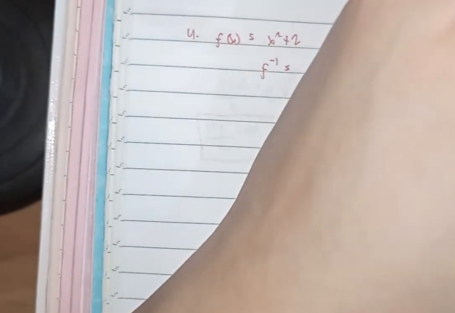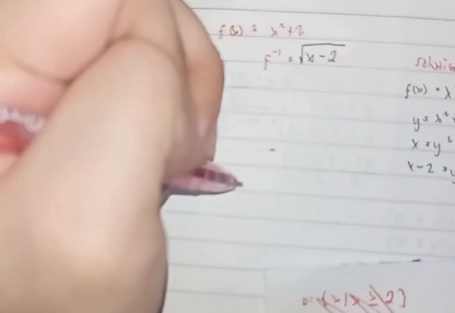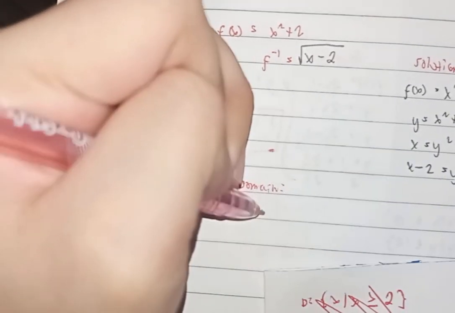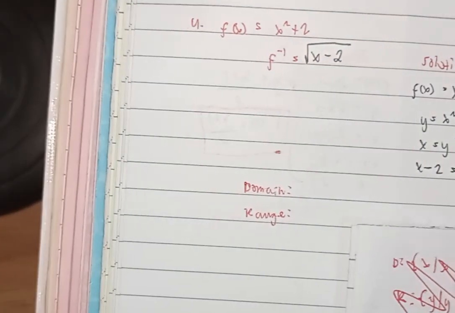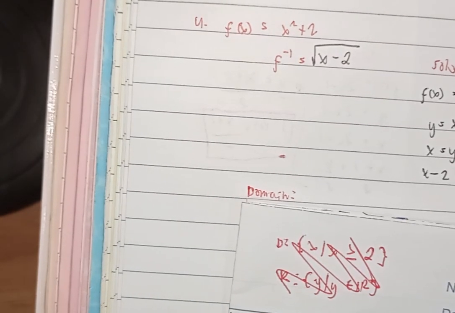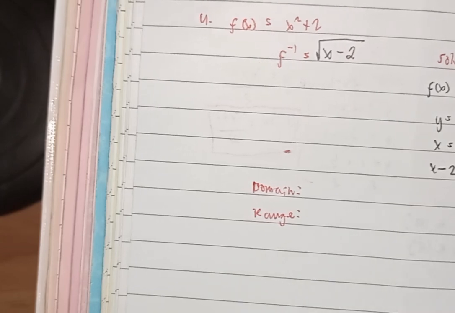Yung domain and range ng original function, ang magiging inverse naman ay magkabaligtad lang. Yung domain ng original magiging range ng inverse, yung range ng original magiging domain ng inverse.